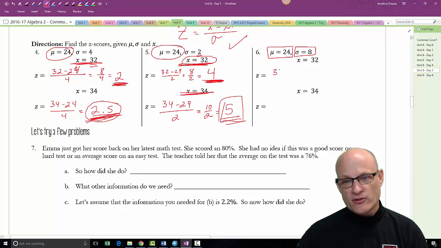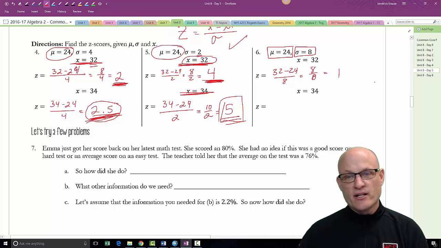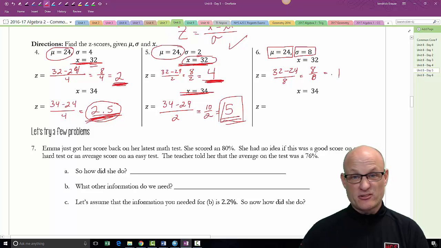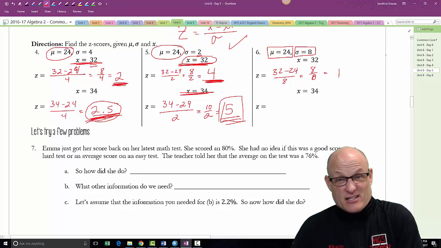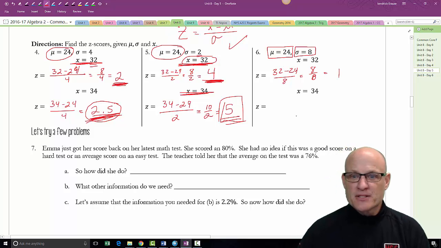Oh, okay, so we'll take 32. We'll subtract 24, and we'll divide by 8. Well, that's 8 divided by 8. They only scored 1 standard deviation above. They just did sort of better than the average, not a lot better than the average.